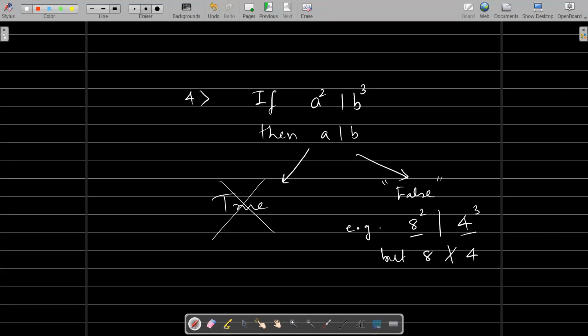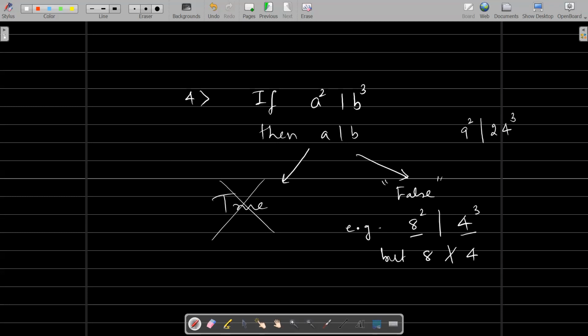Sir, if we exchange the places of 4 and 8... Maybe let's say 9 square divides 24 cube. Is it true?